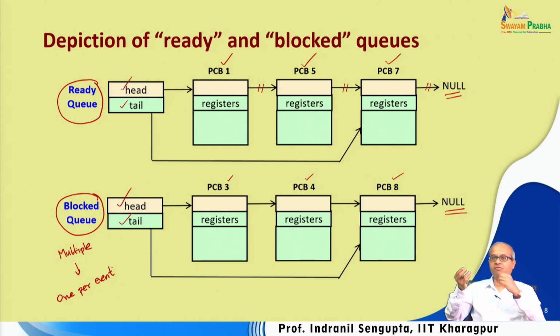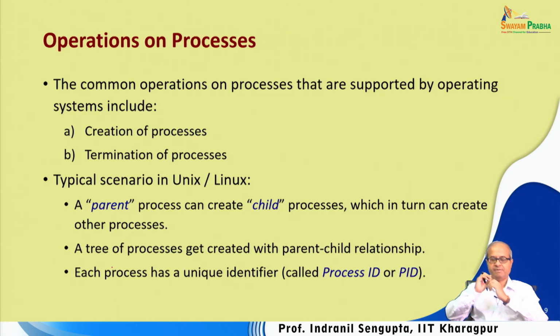Because I mentioned earlier, whenever that event occurs in the future, one of the processes from the corresponding blocked queue will be picked up and moved to the ready state possibly. They are now ready to execute. Okay. Fine.